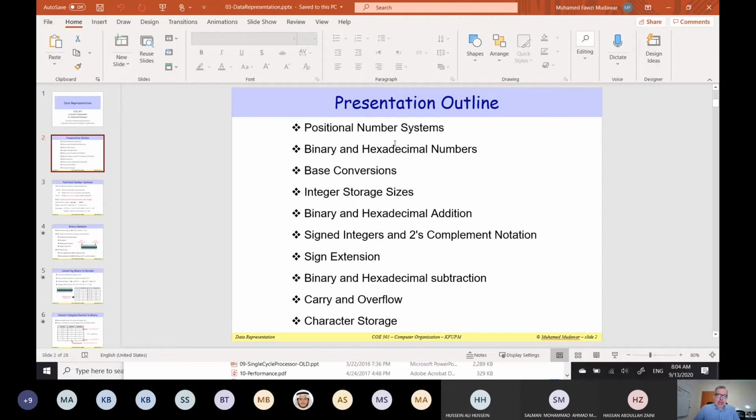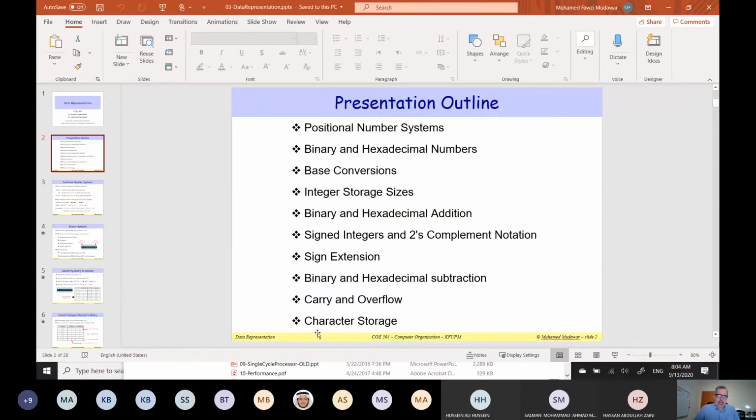It talks about positional number systems, binary and hexadecimal numbers, how we can do conversions between different bases, the integer storage sizes, binary and hexadecimal addition, the two's complement notation, the signed integers, how we represent signed integers, sign extension, binary and hexadecimal subtraction, carry versus overflow, and character representation.